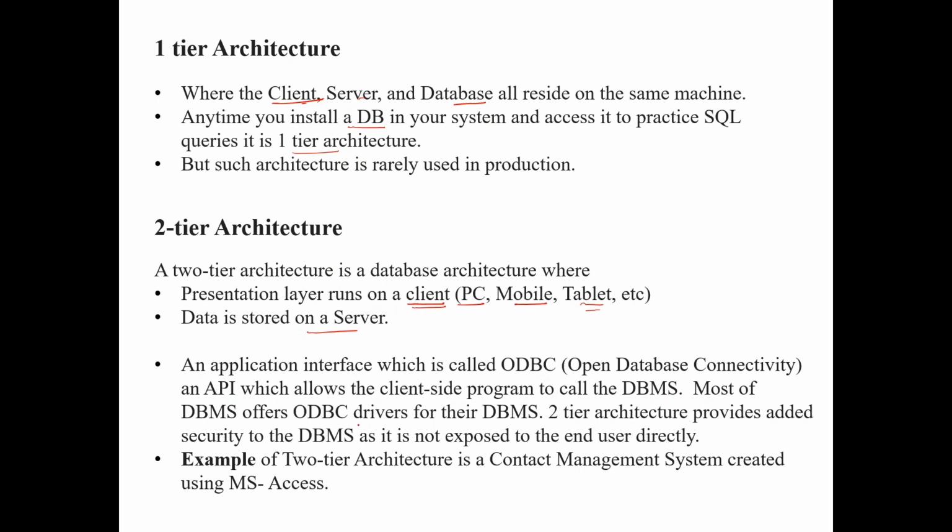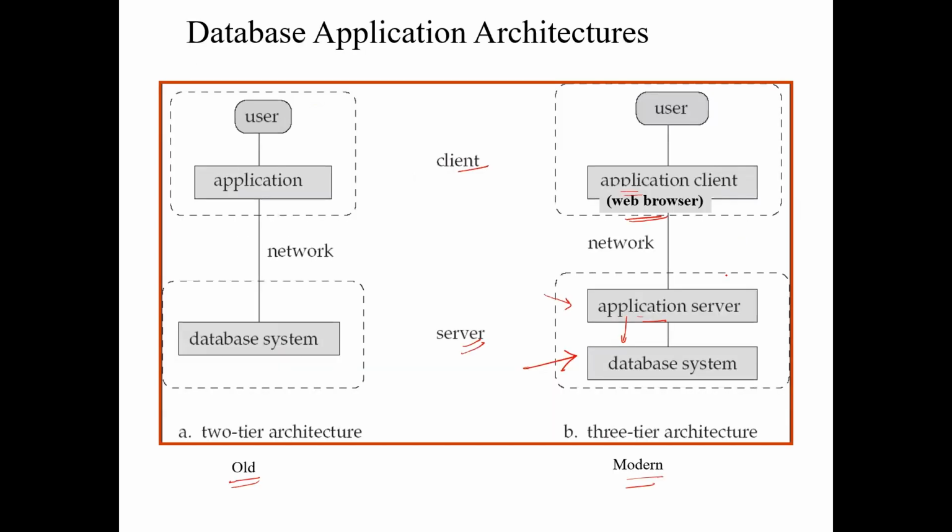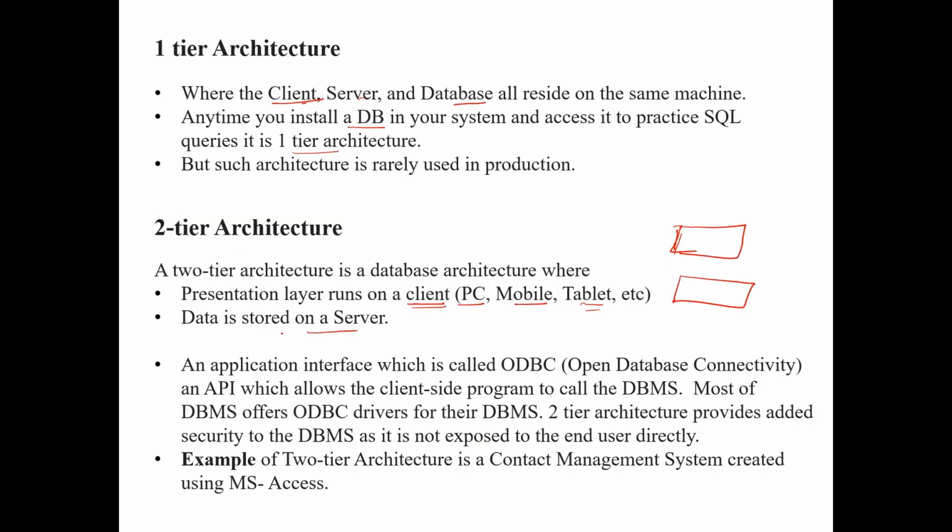Most DBMS vendors offer an ODBC driver for their database management system. Two-tier architecture provides added security to the DBMS. Why? Because in two-tier, there are two levels, and the application is the one through which the client accesses the database system. That's why we require this connectivity.